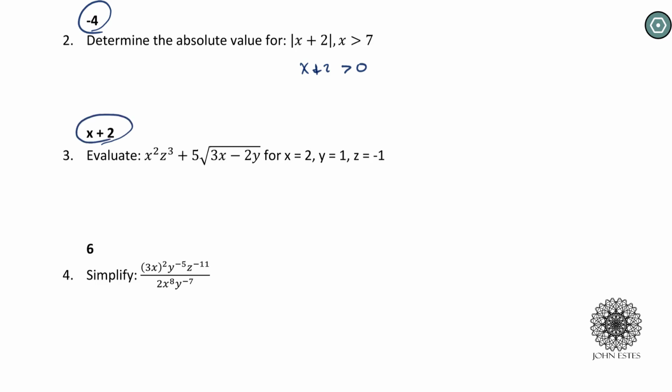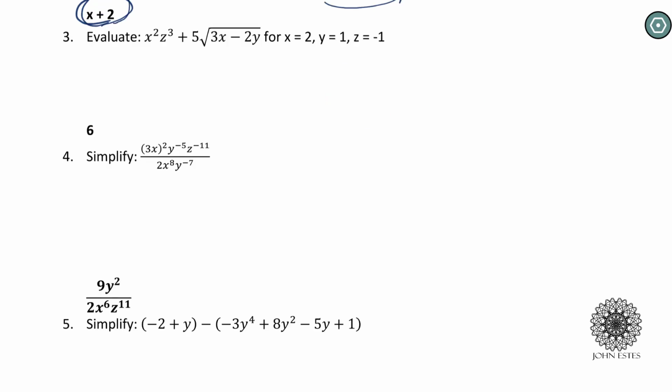Now, if the question had said, what about for the absolute value of x plus 2 if x is less than, let's say, negative 5? Well, for anything less than negative 5, this expression is going to be negative. In that case, to drop the absolute value, I would need to multiply by negative 1. But since x plus 2 is always positive for things greater than 7, you just drop the absolute values.